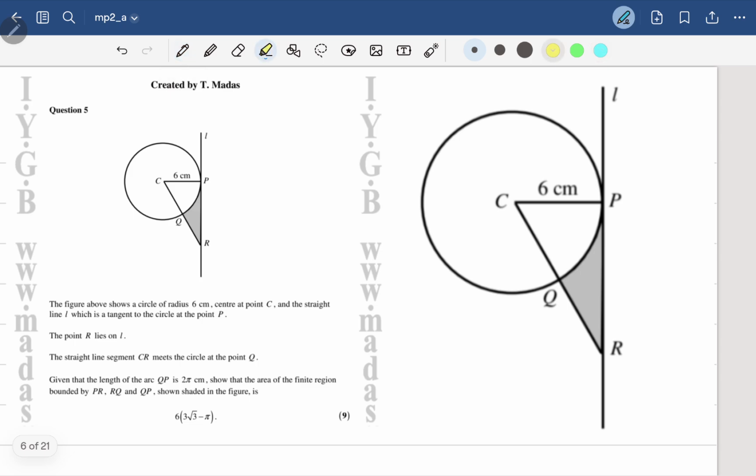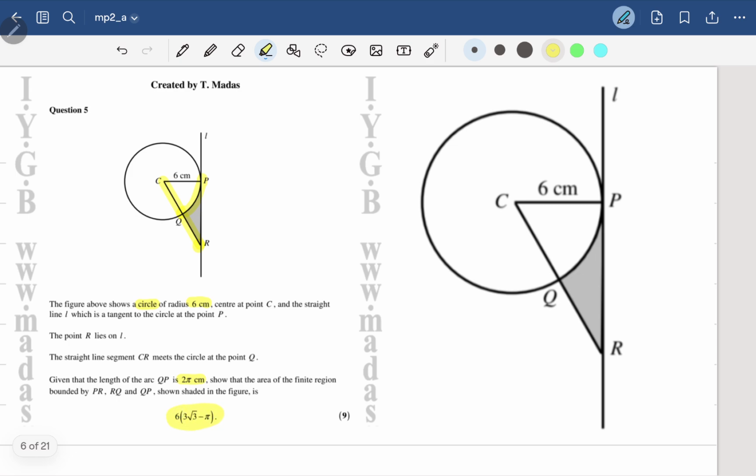Okay, so the next question is: the figure above shows a circle of radius 6 cm, center at point C, and the straight line L which is tangent to the circle at point P. The point R lies on L. The straight line segment CR meets the circle at the point Q. Given that the length of the arc QP is 2 pi, show that the area of the finite region bounded by PR, RQ and the arc QP, shown shaded in the figure, is this result.